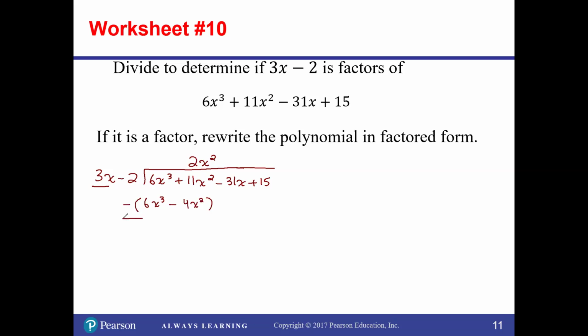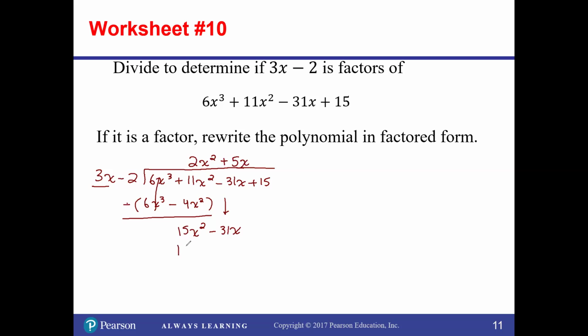That is all being subtracted. That's gone. We have 11 plus 4, 15x squared. Bring down the next term, which is negative 31x. 15x squared, can I divide that by 3x? I can, and I am left with a 5x.